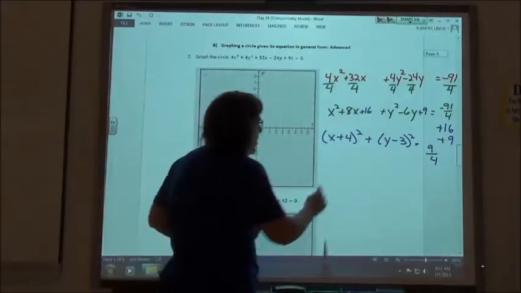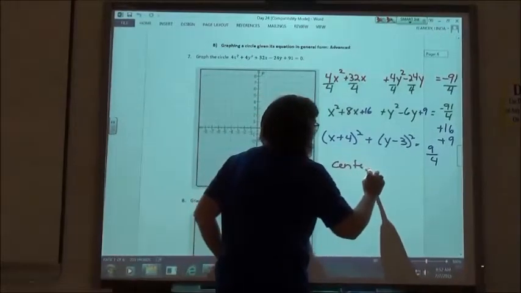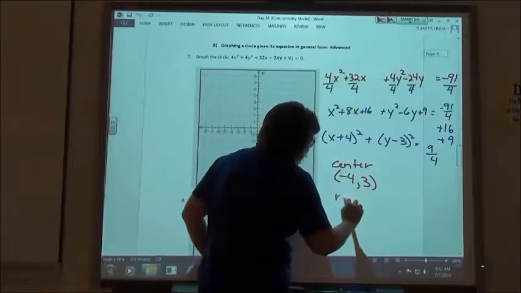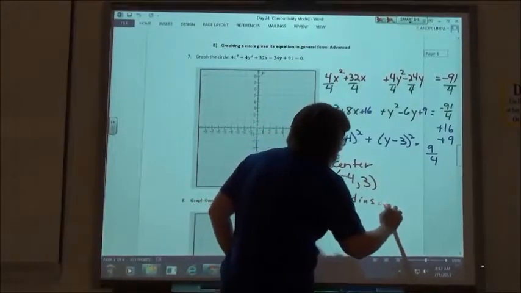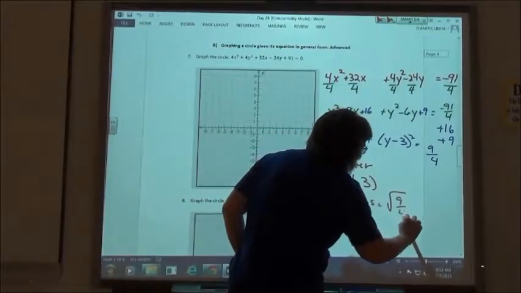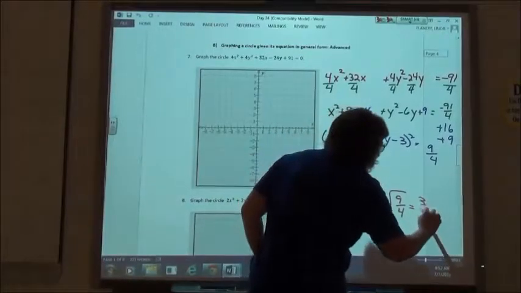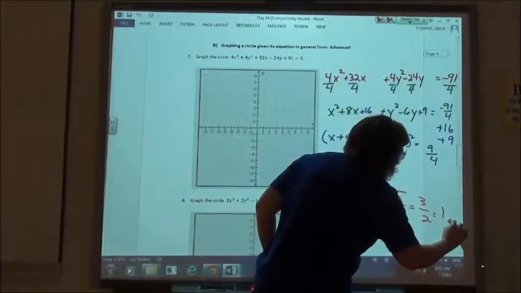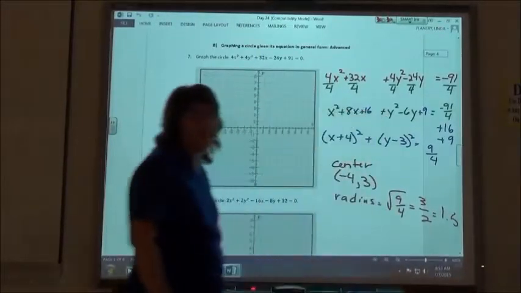So my center on this one is going to be at negative 4, positive 3. My radius is going to be the square root of 9/4. Well, the square root of 9 is 3. The square root of 4 is 2. 3 over 2 is 1.5.